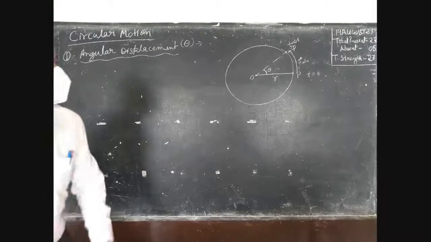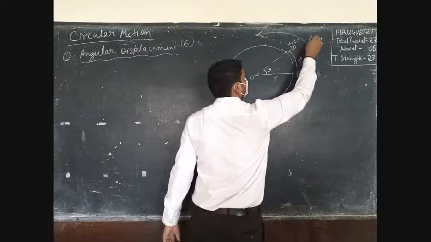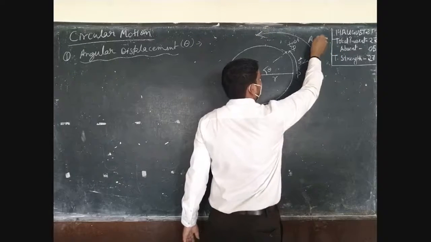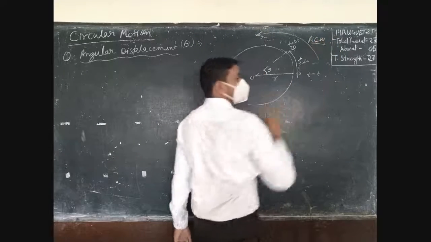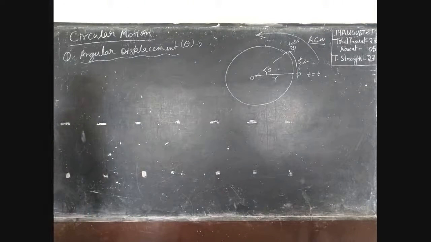This is the motion of the particle from point P along the circular path anti-clockwise. So just first write angular displacement.